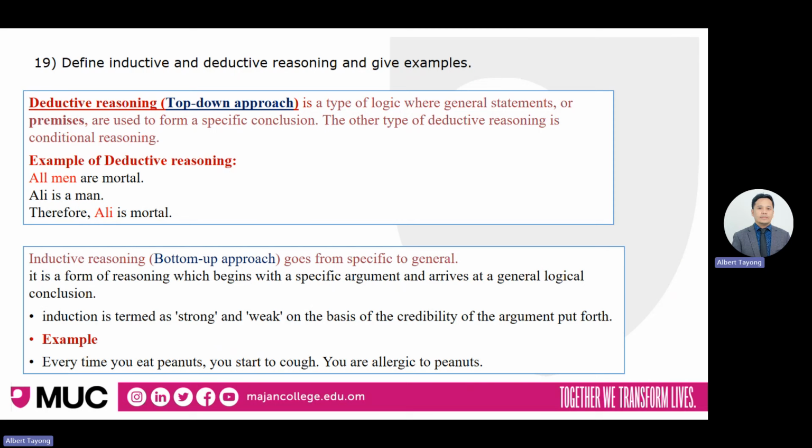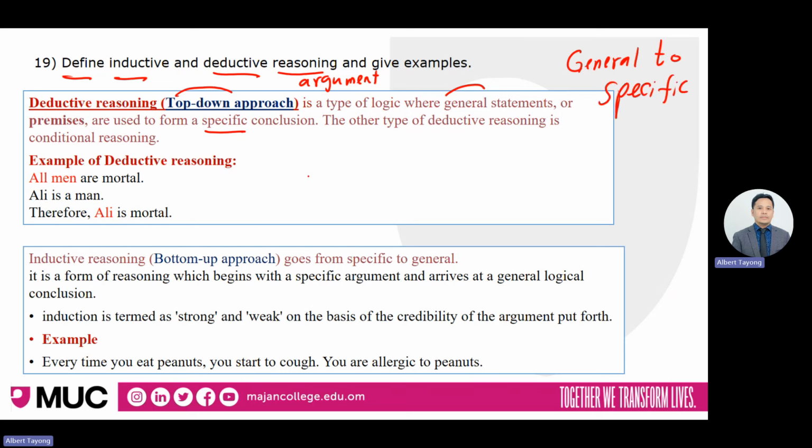Number 19 is just to define what is inductive and what is deductive reasoning or argument and give examples. So deductive reasoning actually is top-down approach. When I say top-down, we start from general and then we proceed to specific conclusion. So it is from general to specific.